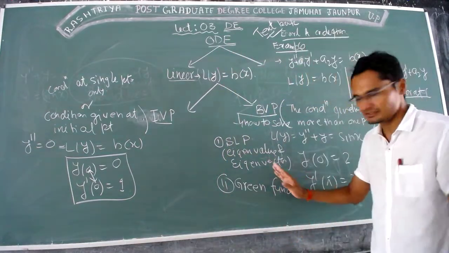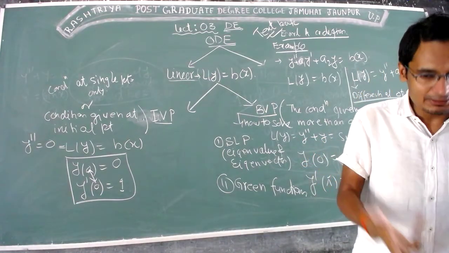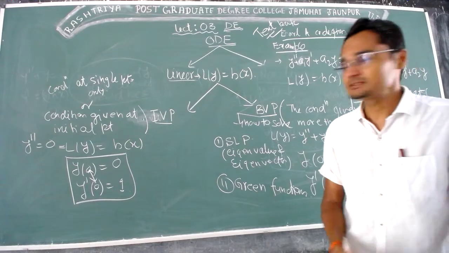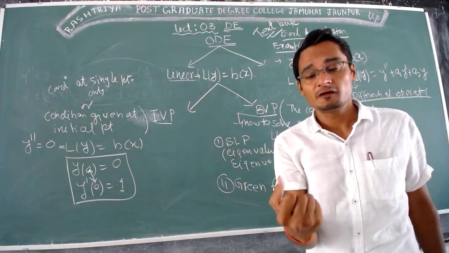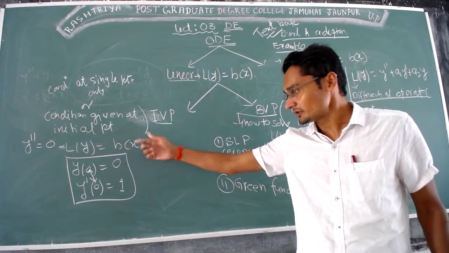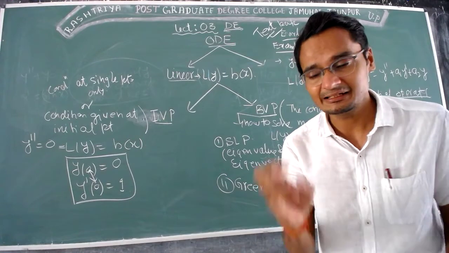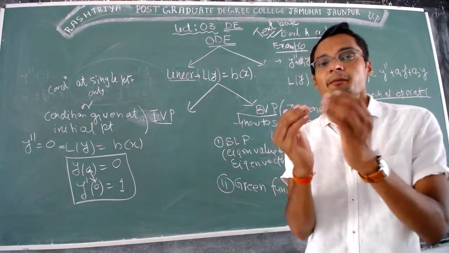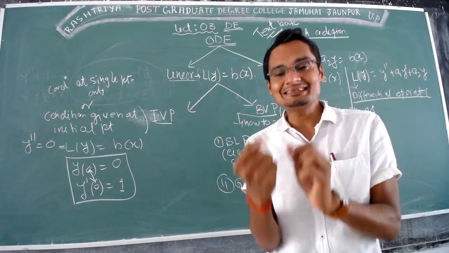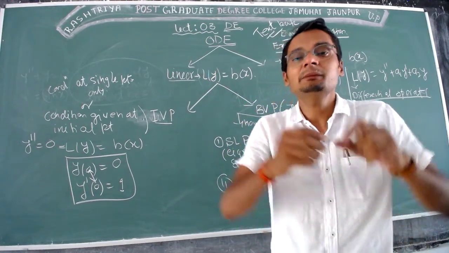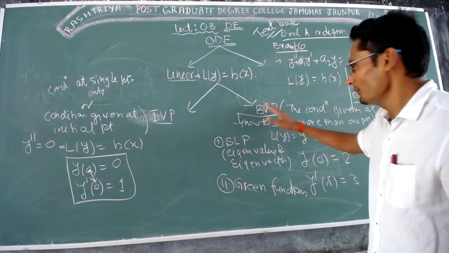Here the conditions are given at more than one point. Once we are able to solve a linear differential equation with initial conditions, meaning conditions at a single point, then we will extend this concept to the boundary value problem.